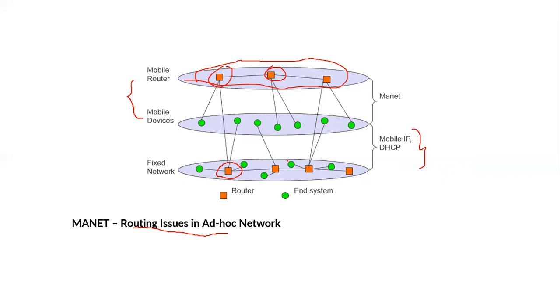You may need an instant infrastructure, or the fixed infrastructure might have collapsed, or you may want to communicate with a remote location where there is no fixed infrastructure. Or take military applications: if the infrastructure is collapsed by the opponent camp and military personnel want to communicate with each other, they cannot rely on a fixed infrastructure. They need some form of ad hoc communication.